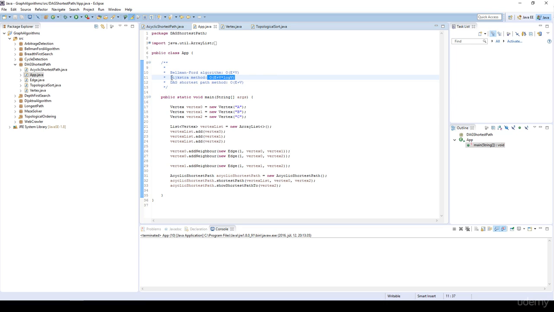But on the other hand, it is not so robust an algorithm, which means that it is not able to handle negative edge weights. Bellman-Ford algorithm is capable of handling negative edge weights, so edge weights smaller than 0, but on the other hand, this algorithm is not as fast as Dijkstra's algorithm.